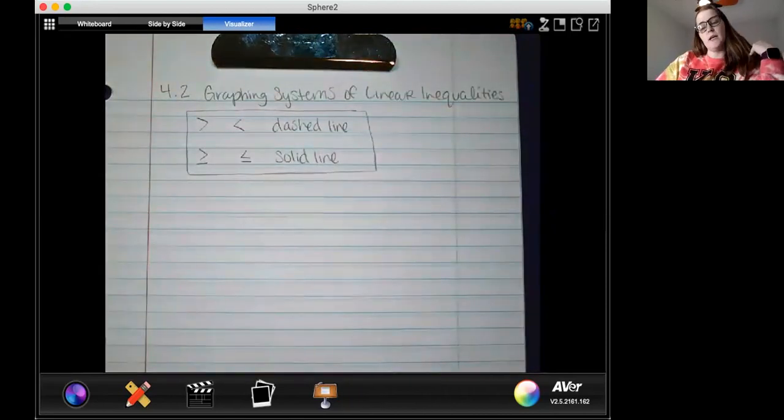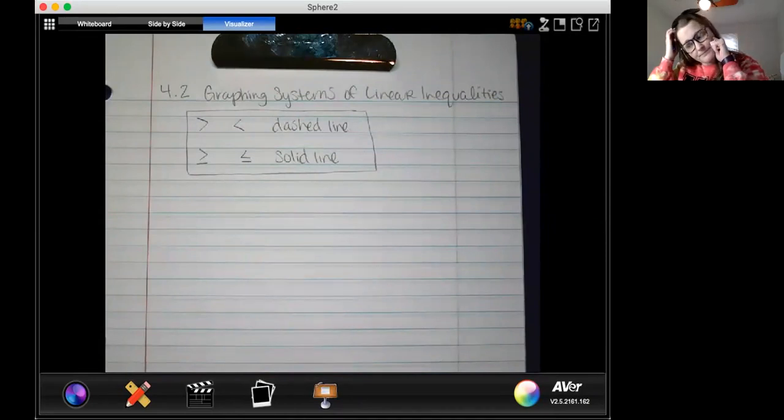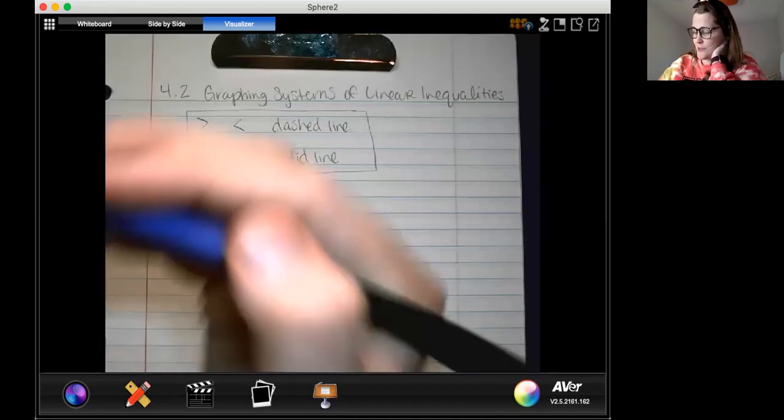Okay, how do we identify shading? How do we test and identify our shading for inequalities? Test points, yes, that is correct. We do test points.